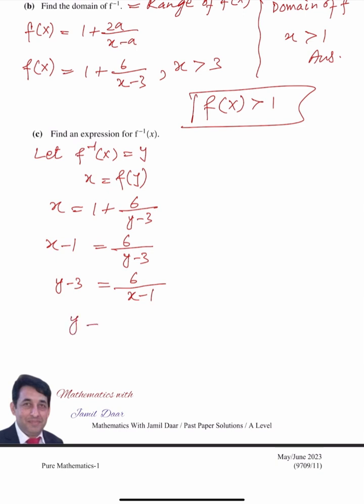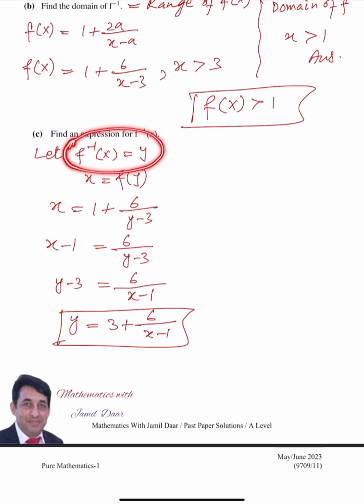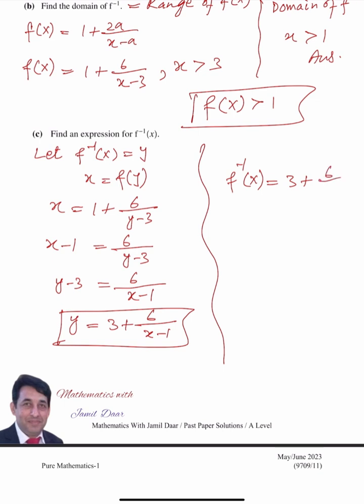Y is equal to 3 plus 6 over x minus 1. So f inverse of x is equal to 3 plus 6 over x minus 1. So this is your answer.